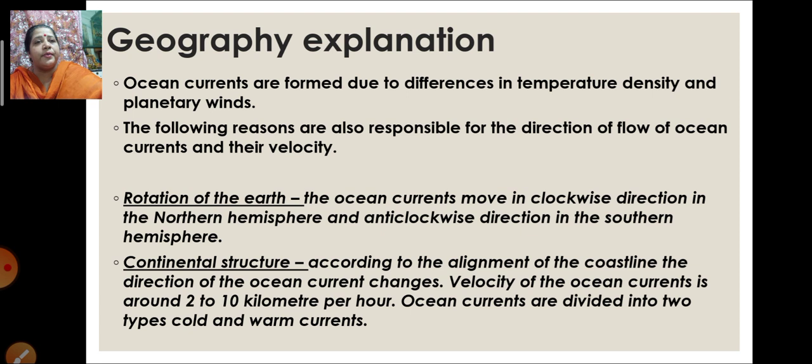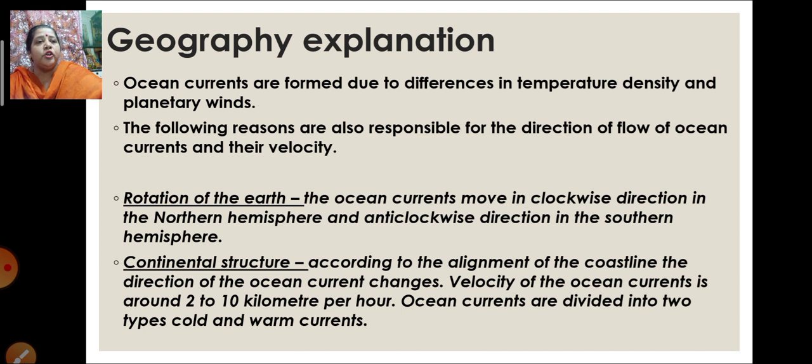Apart from temperature, density and planetary winds, there are many other things which affect the flow of ocean currents and their velocity. Okay, their speed or their direction is also affected by some other things. Which are the things? One is rotation of the earth and second one is continental structure.